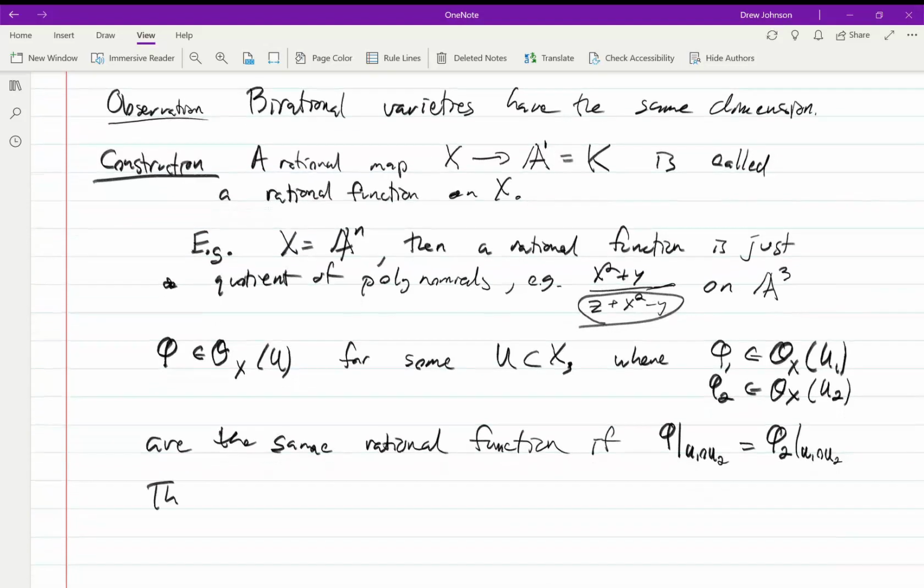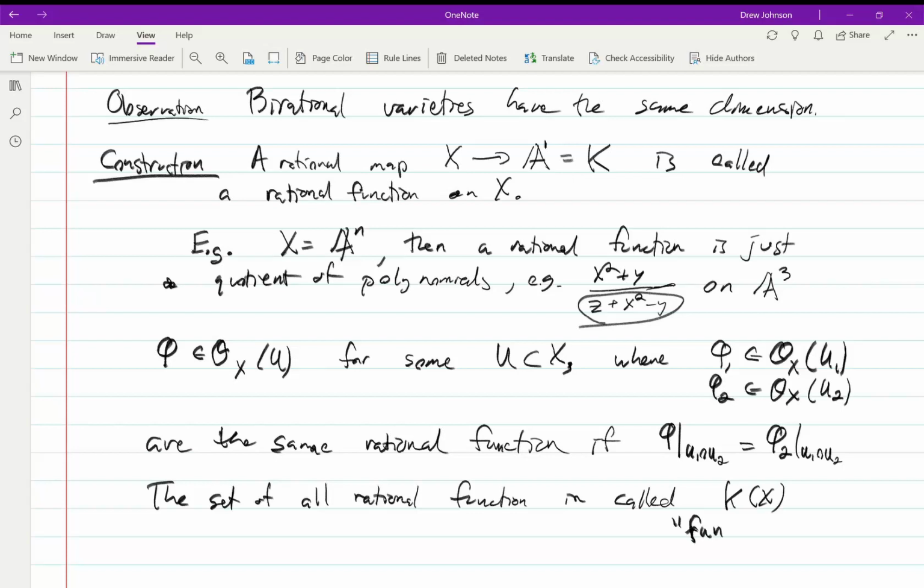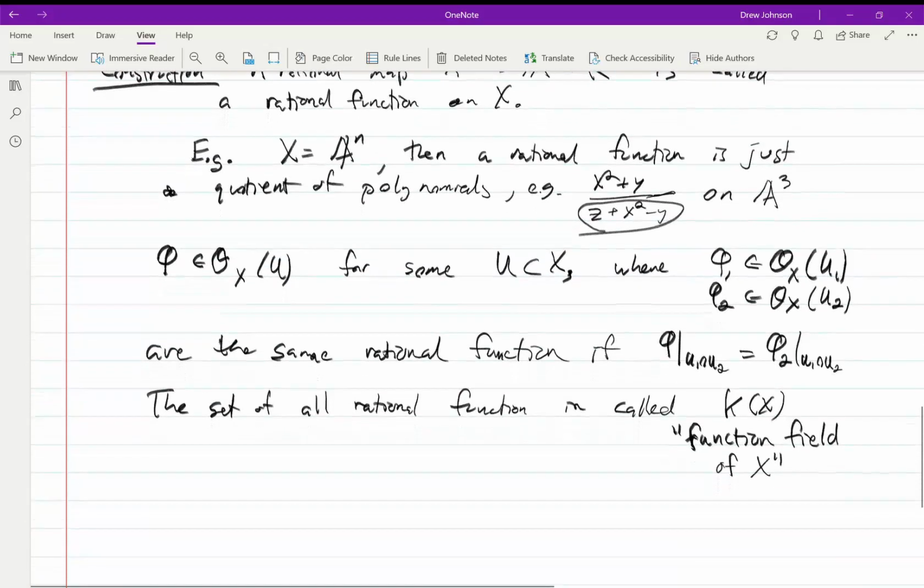Let's call the set of all rational functions k(X), and we'll call it the function field of X. Now the function field is in fact a field in the sense of algebra.